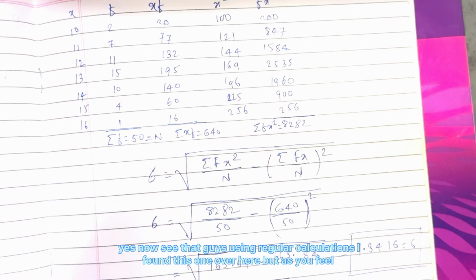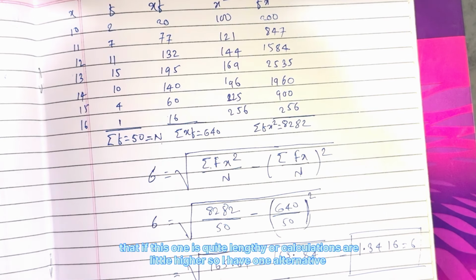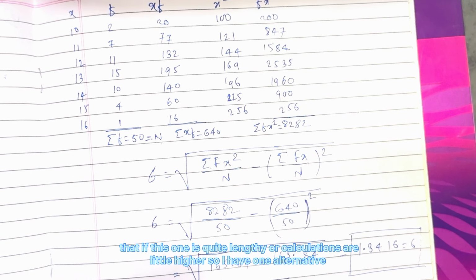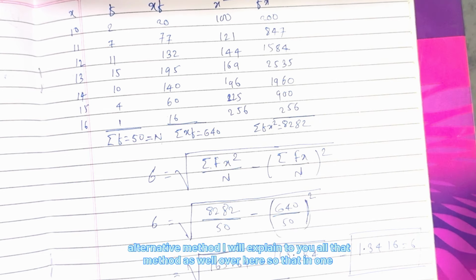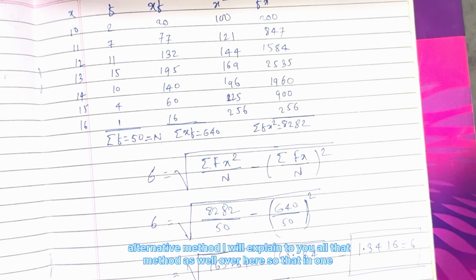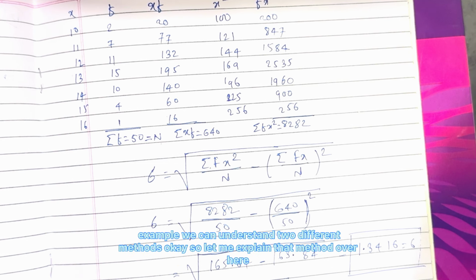But if you feel this one is quite lengthy or the calculations are a little high, I have one alternative method, just to reduce the calculation. I'll explain that method to you as well, so that in one example we can understand two different methods.